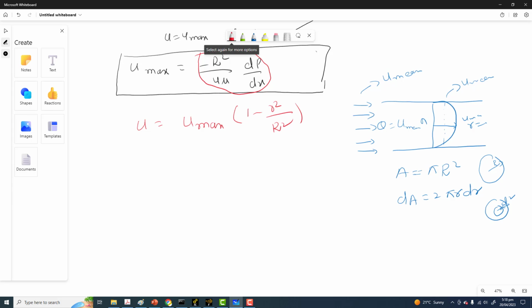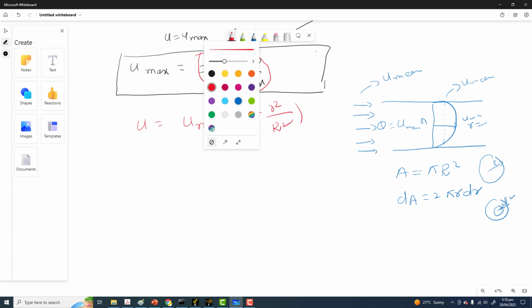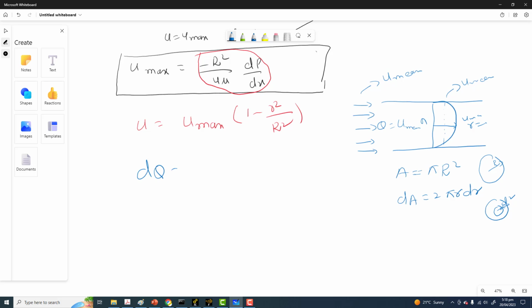Now I have to determine the value of u maximum in terms of the u mean. So I can find out the u mean as equal to Q over A. But we know that dQ will be equal to u as a function of r into dA.